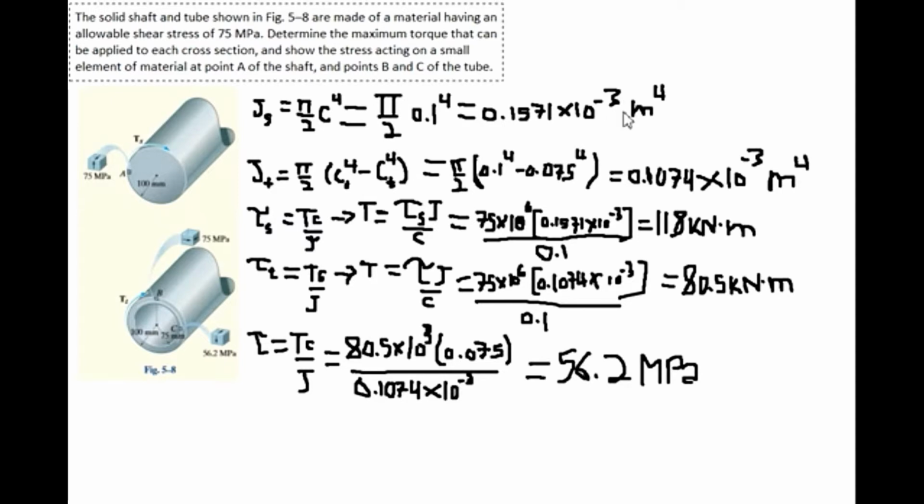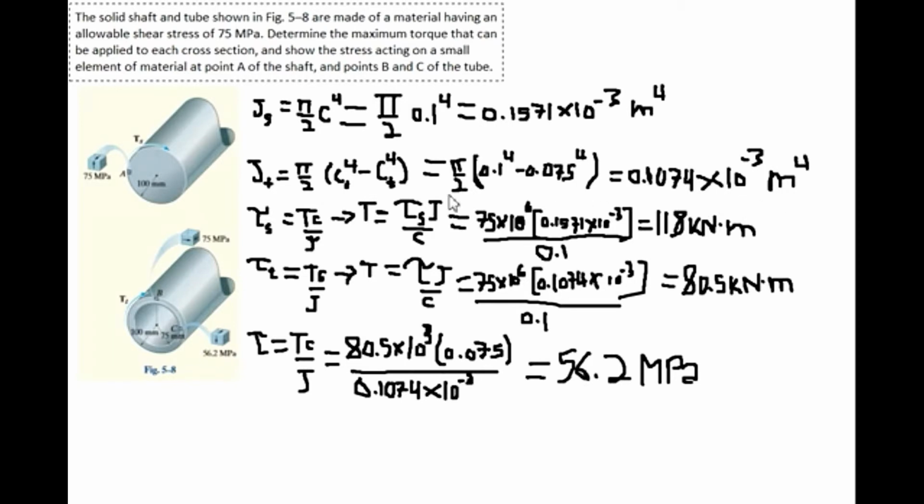As you can see, we did a unit conversion here, to meters. Now we're going to do the same thing for the tube, but we're going to be subtracting the two radii in order to compute this. So we're going to have 0.1 to the power of 4, subtract 0.075 to the power of 4, times pi over 2. This results in 0.1074 times 10 to the negative 3 meters to the fourth.